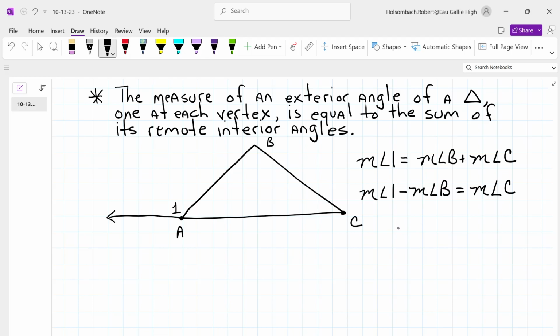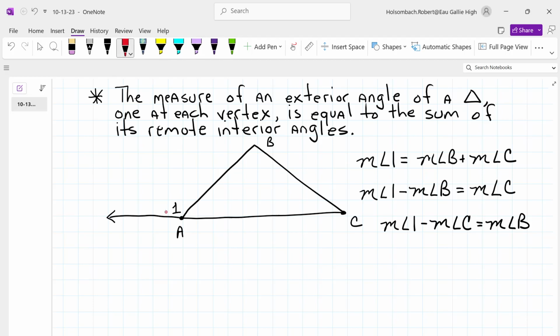We can also say that the measure of angle 1 minus the measure of angle C is equal to the measure of angle B. So the exterior angle minus either of its remote interior angles gives you the other interior angle.